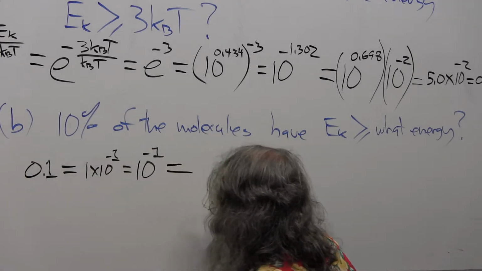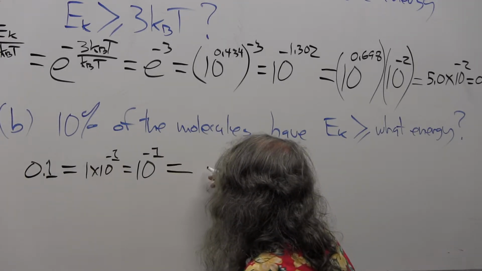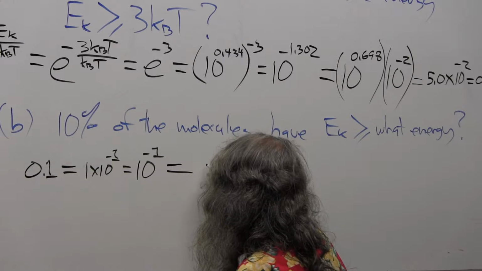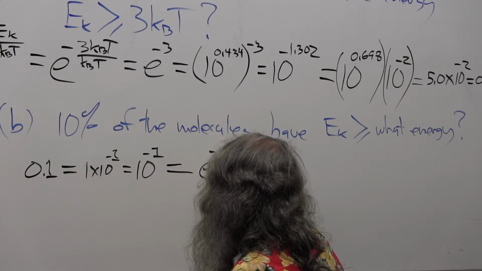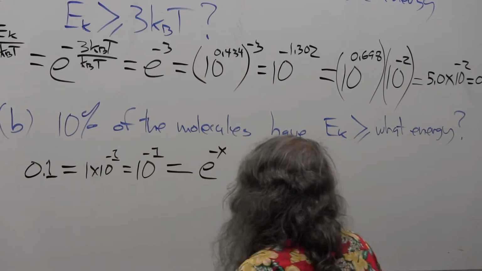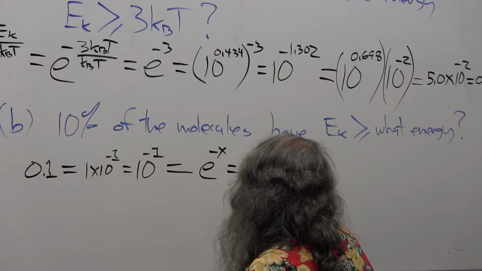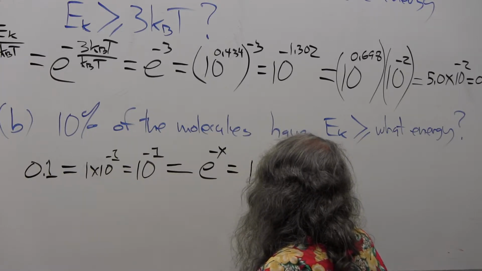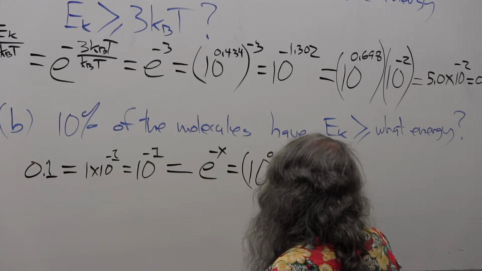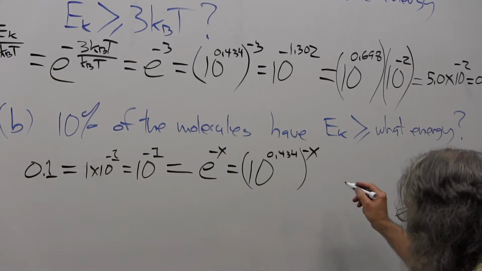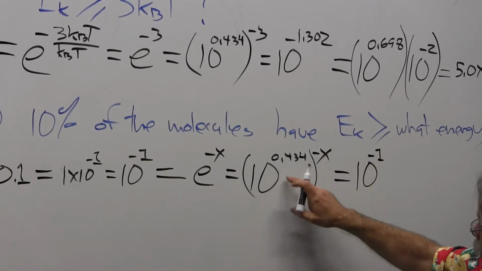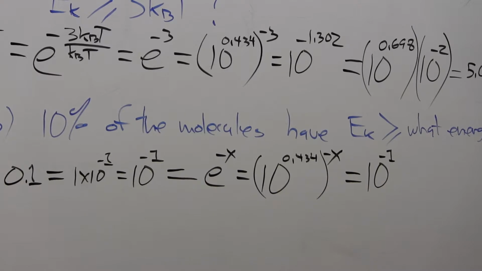10 to the minus 1 is equal to e to the minus X. For now, we'll just call that X. That equals 10 to the 0.434 to the minus X. So 10 to the minus 1 equals 10 to the minus 0.434 X. Now I never even have to come out of the exponent.